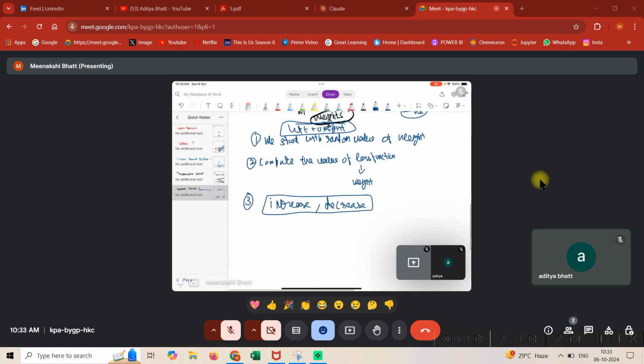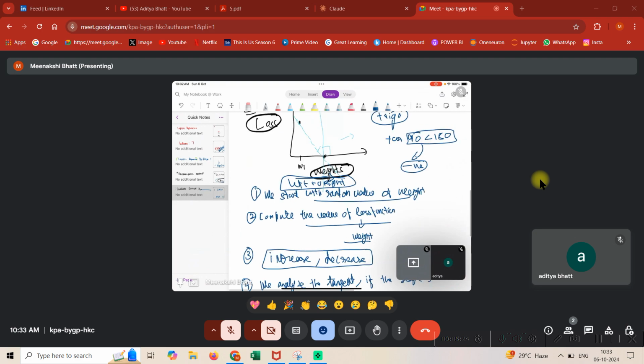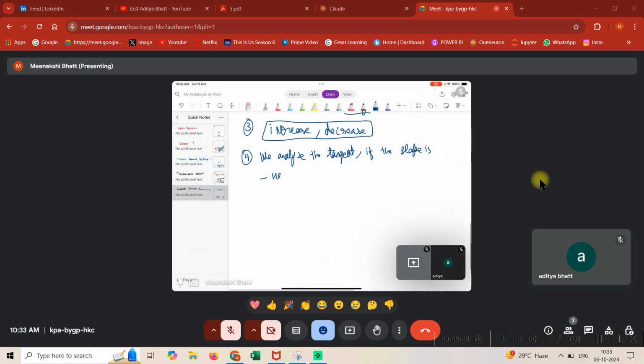We started with a random value of weight, we are calculating the value of loss function, and now we analyze the tangent. If the slope is negative, which in this case it is, since it is making an angle of more than 90 degrees, we need to move in this direction, left to right.